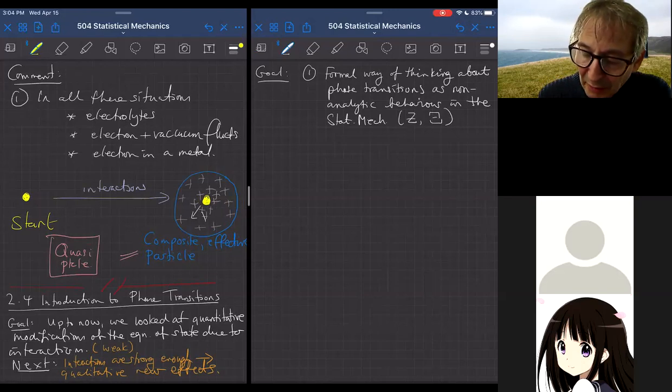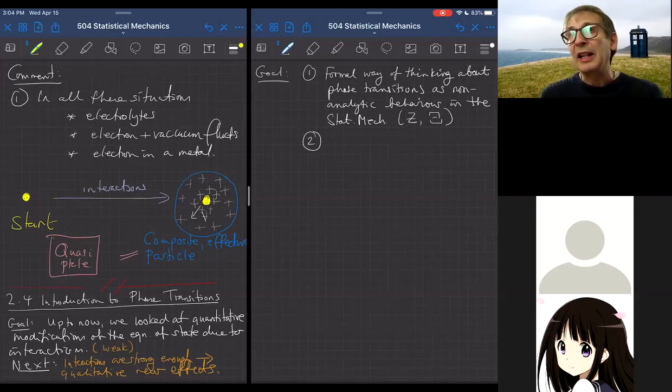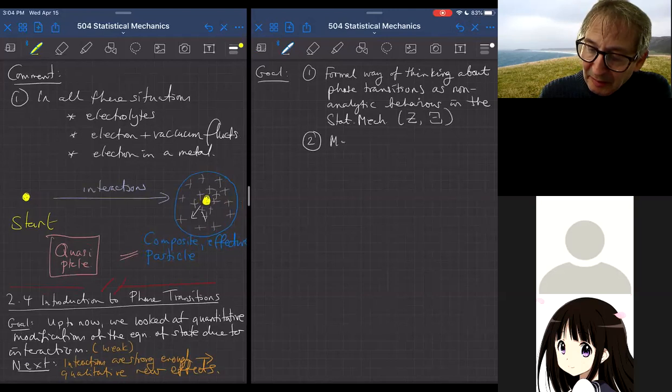And I'm going to derive for you some results which were originally due to Lee and Yang. Then what we'll talk about is another self-consistent mean field theory. And this is a mean field theory for the Ising model, for an interacting spin system.